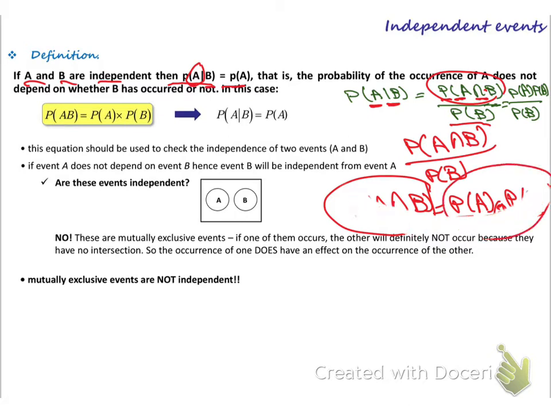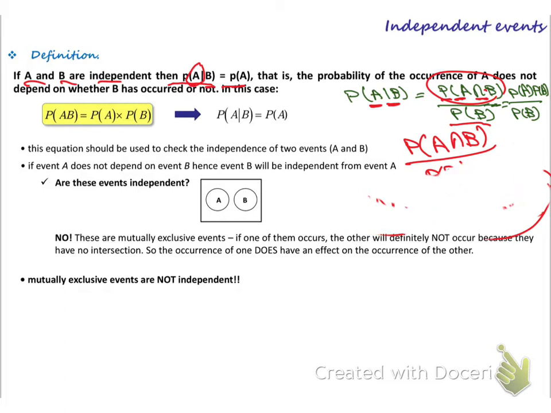So let us erase this one. Here we can replace the probability of A intersect B by the probability of A times the probability of B, divided by the probability of B. So the probability of B will cancel the probability of B, and it will be equal to the probability of A. And this actually makes sense.